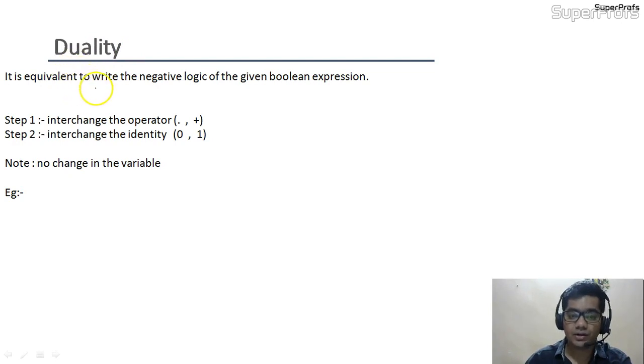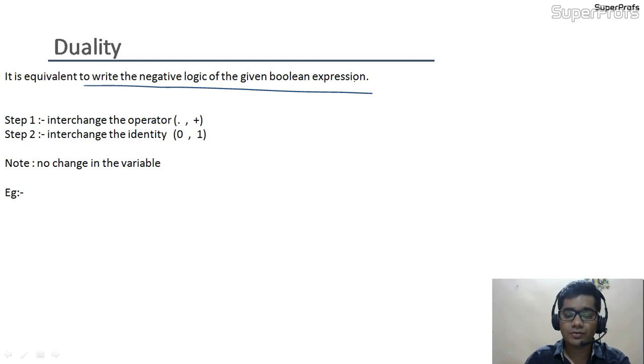We know what we are doing. It is equivalent to writing the negative logic of a given Boolean expression. So what are the steps involved in converting a positive logic into a negative logic, or what is the method to find the dual of any expression? The first step is to interchange the operators, that is dot to plus, and plus to dot, and interchange the identities, that is 0 to 1 and 1 to 0.